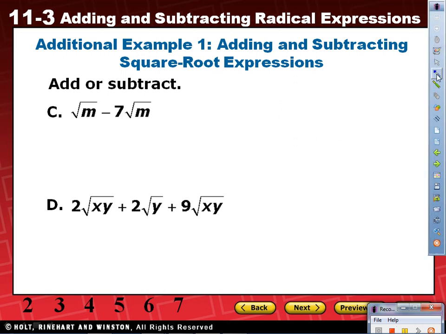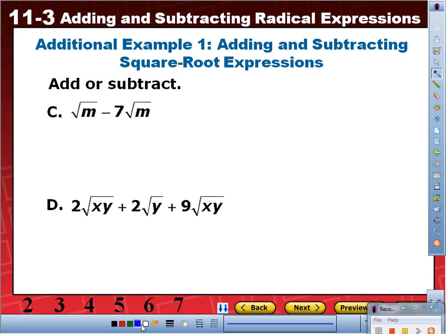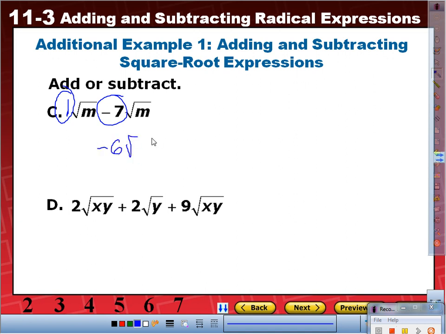Let's do the first one together. Can we simplify the radicals anymore? No. What is the coefficient here? 1. Do they have the same exact radical? So I focus on the coefficients. 1 minus 7 is negative 6 square root m.